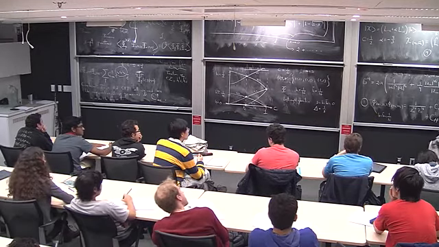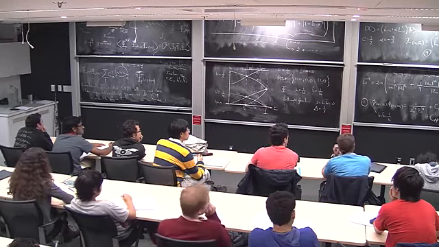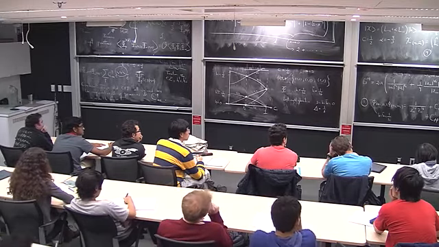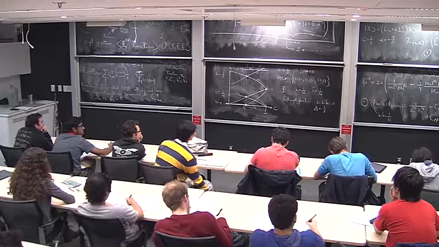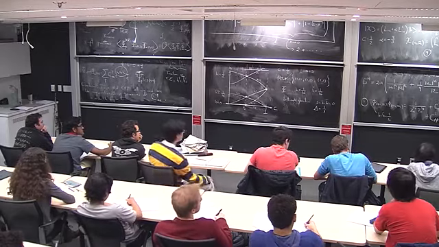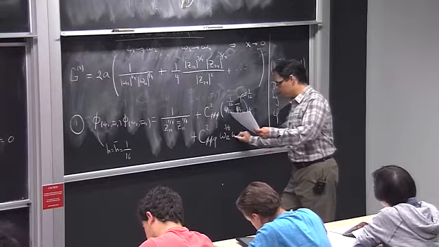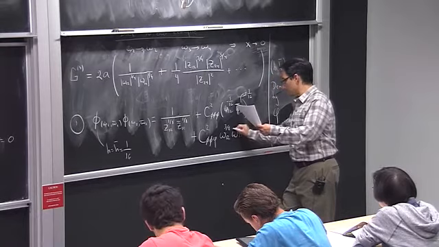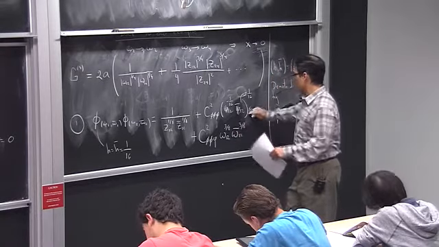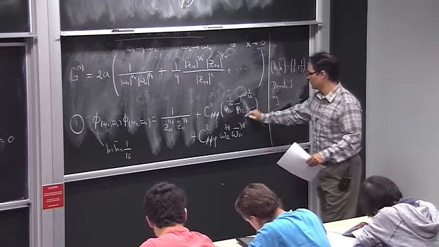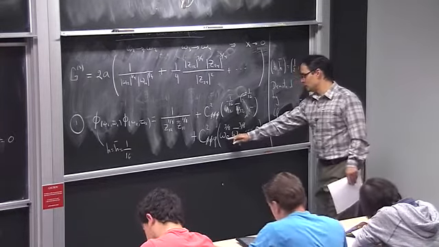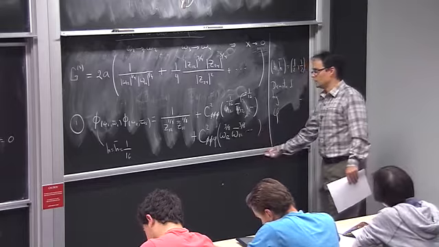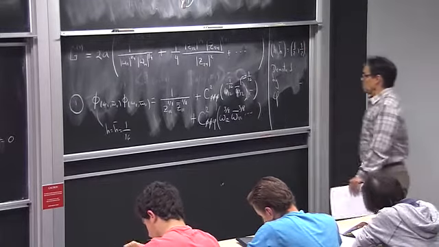So this guy should have a dependence of the form... I mean, there might be other things here, but I'm only interested in the dependence on these things. So I'm looking at the dependence on W12.